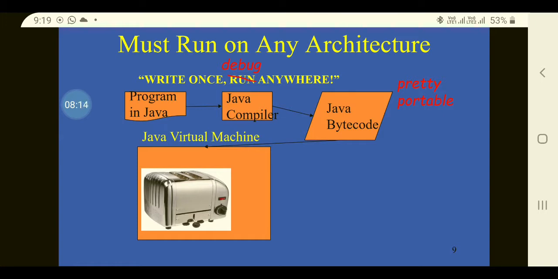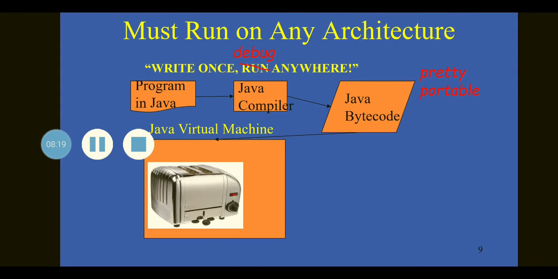so that Java becomes platform independent. Here we have to know what is meant by platform. The platform means the operating system and the architecture of the system.